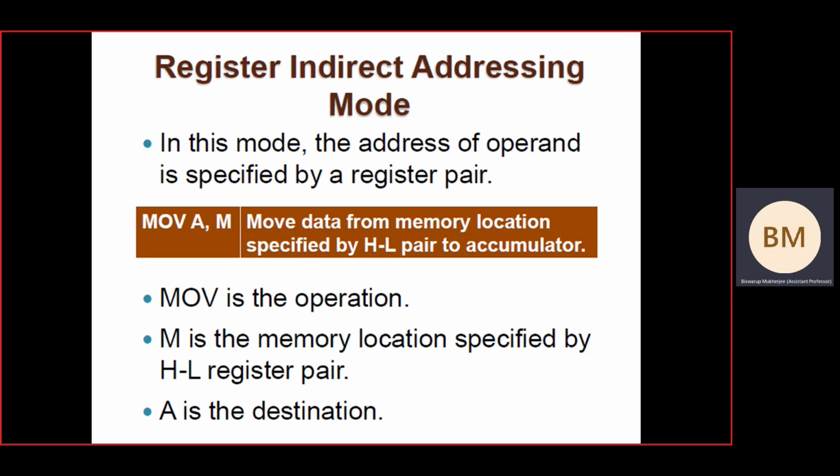That means in your HL pair there is one memory location address, and you are saying: go to that address mentioned in my HL pair, find out what data is right over there, pick that data and load it in the accumulator. So that is something like indirect mode of addressing.